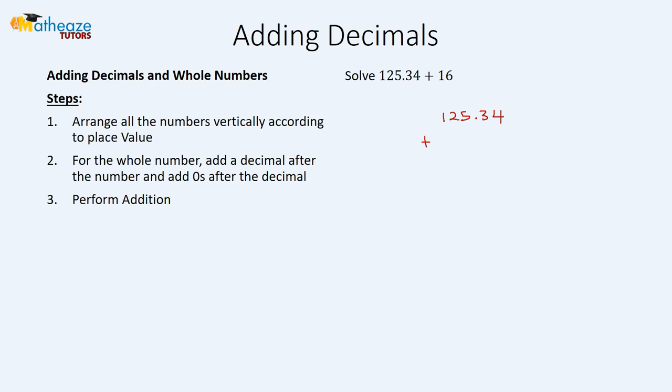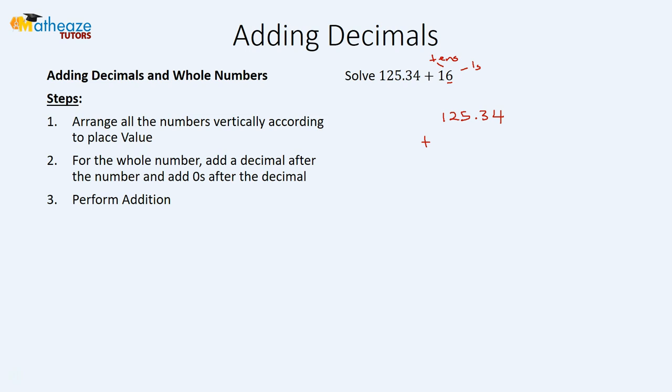So look at the 6 right here. 6 is in the ones place, and 1 is going to be in the tens place. So what that means here is that we're going to arrange 6 in the same line as the digit in 125.34 that is also in the ones place.